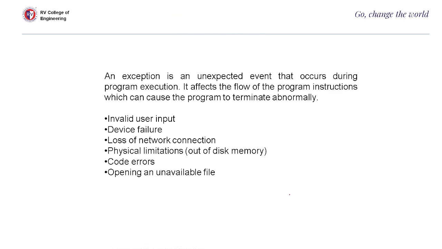Java exception. Then what is exception? An exception is an unexpected event that occurs during program execution. We have already discussed that it is an unexpected thing. So it affects the flow of the program instruction, which can cause the program to terminate abruptly. So what are all the cases? Invalid user input will also come under exception.